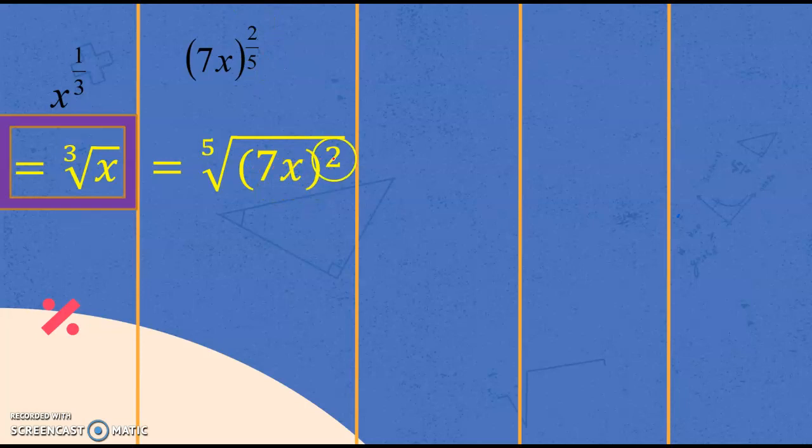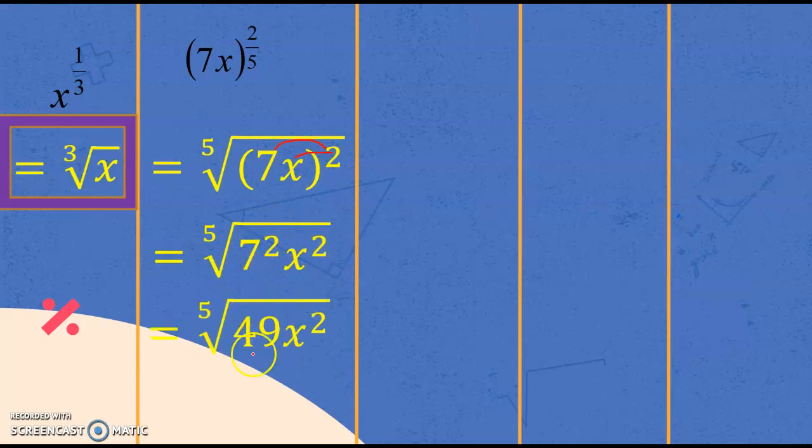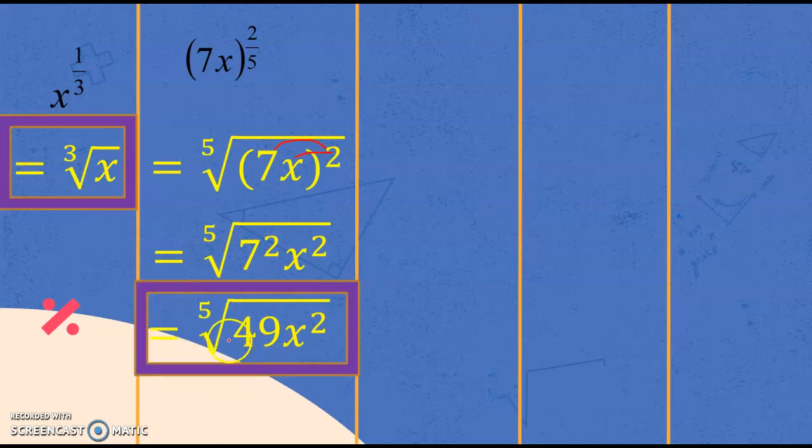So 7x squared. But still you can simplify that. You can distribute the 2 to 7 and then to x. It becomes 7 squared x squared. But still you can simplify the 7 squared, so it becomes 49, right? So therefore your radical form is 5th root of 49x squared.